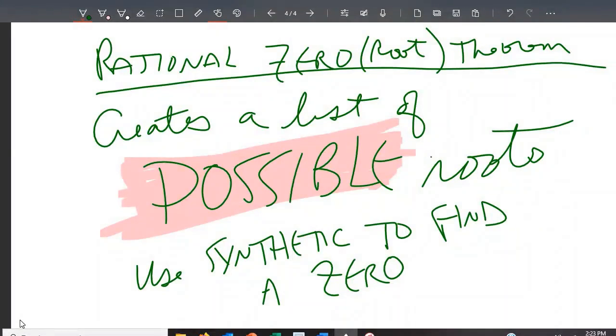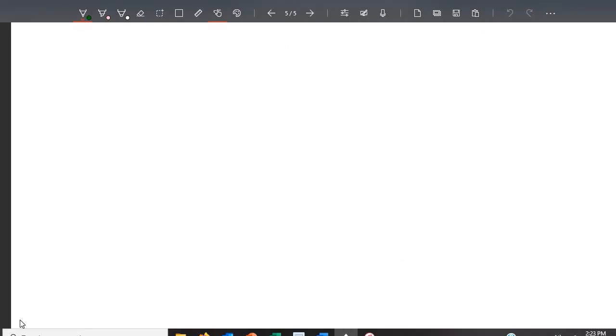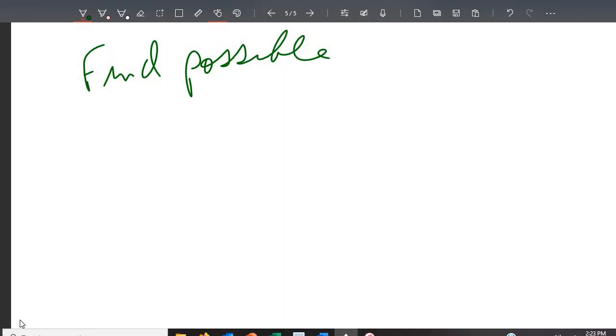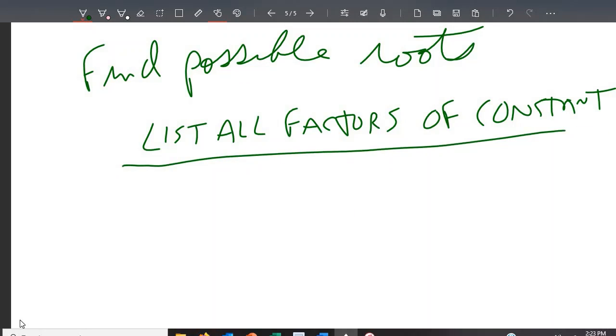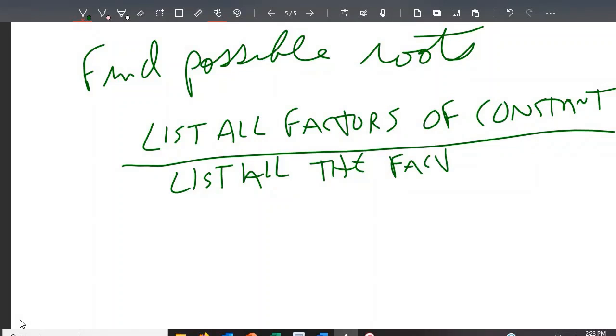Now, in order to find possible roots, what you do is list all the factors of the constant and divide them by all the factors of the first number.